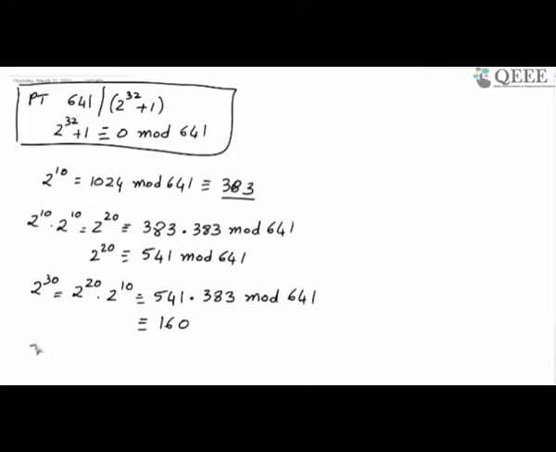So now let's see 2 power 32. 2 power 32 is equal to 2 power 30 into 2 squared, that's 4, right? So this is congruent to 160 into 4, that is 640 mod 641.